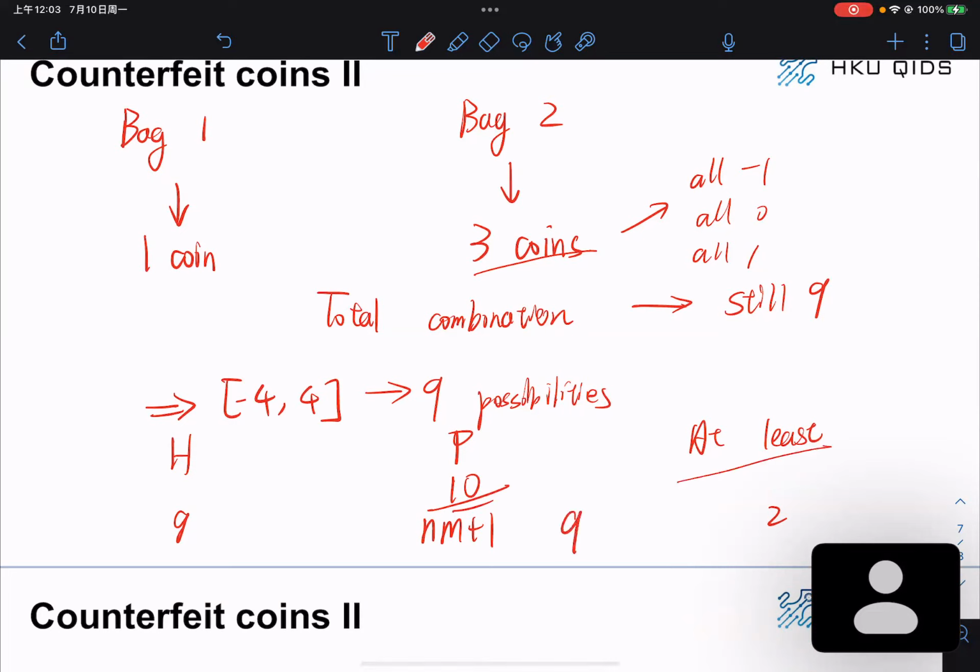But we only need 9 to allocate 1 for each, so we can put -4 to 4's possibilities in a 1-on-1 matching.